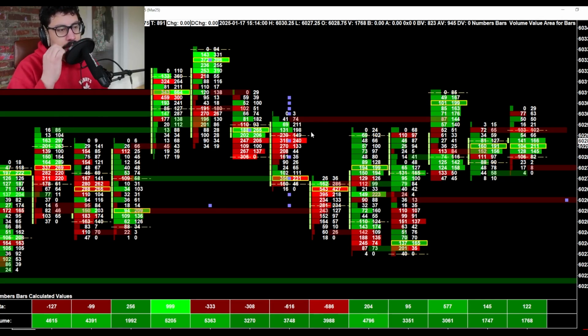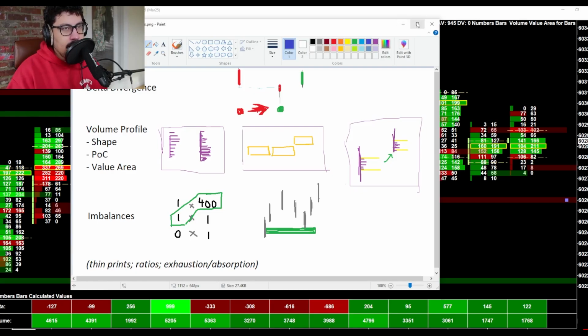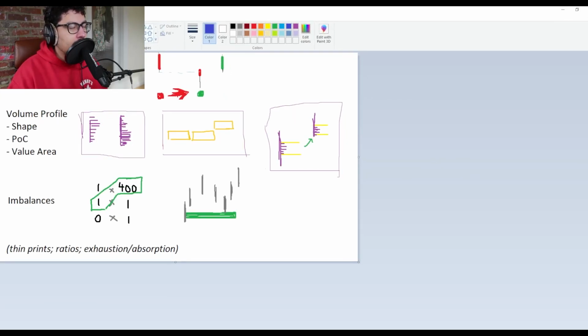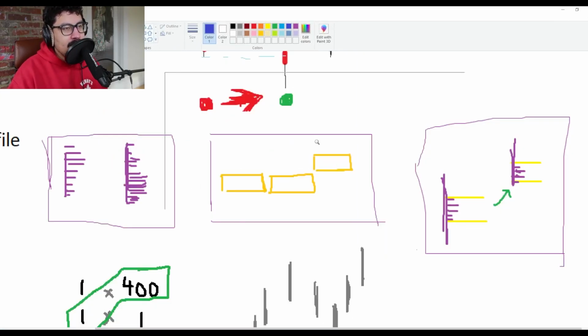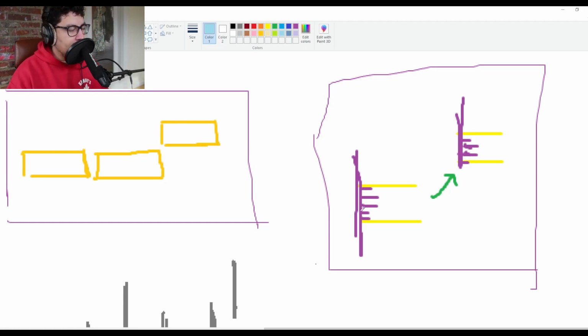A value area is simply where 68 to 70% of the volume took place within a candle, within wherever you're drawing it. You can change that percentage. If we pretend these are the candles, there's volume out here, a little bit of volume out here, but 70% of people were trading in here. So this is usually where you'll see bigger bars.